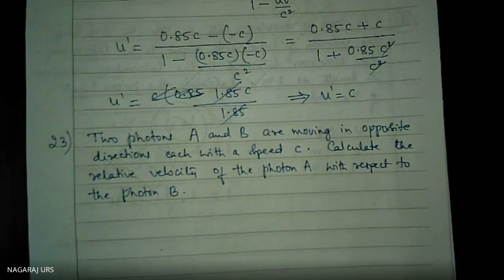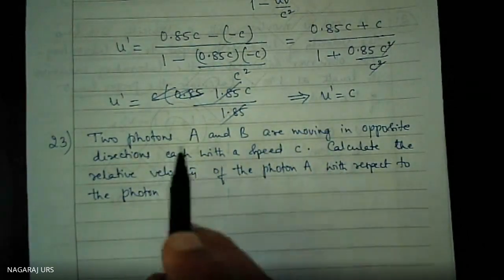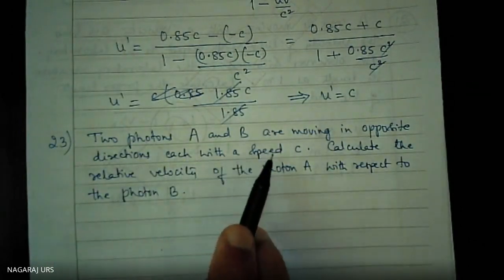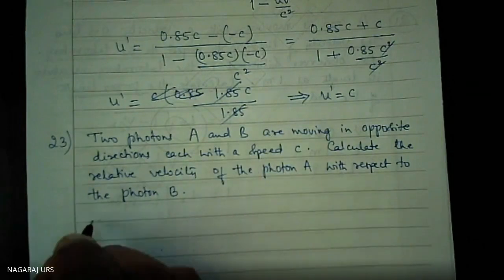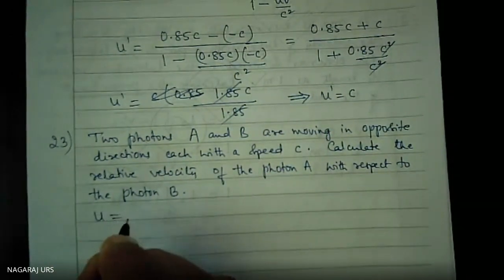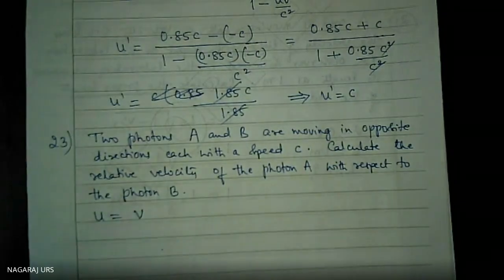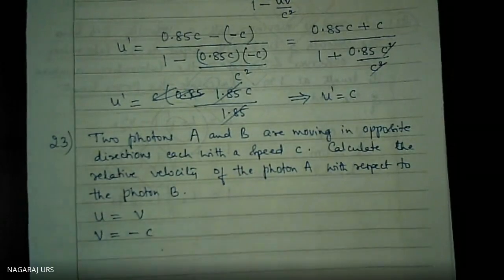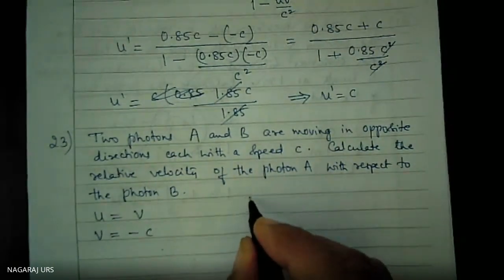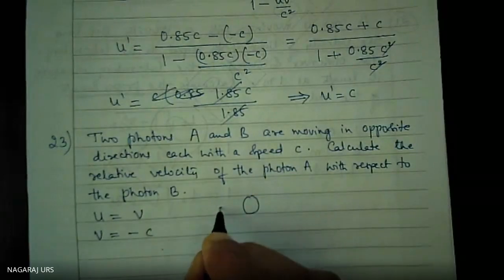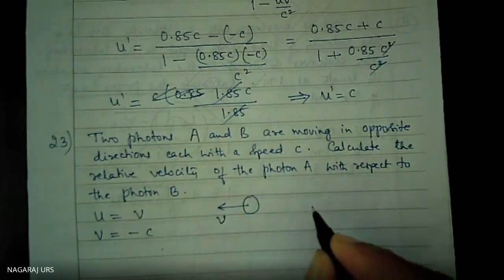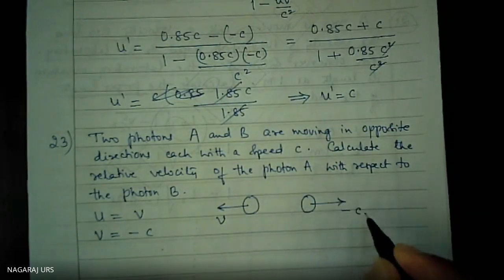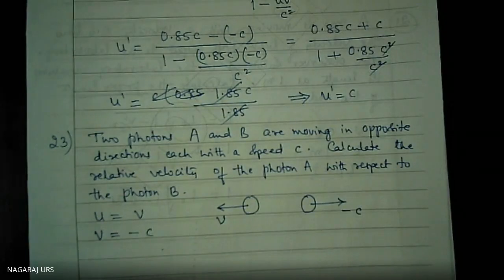Okay, data we are supposed to write. Let me write the data here using these concepts. Moving in opposite directions. So here u is equal to, let me consider that one as v, and v is equal to minus c, because they are moving in opposite directions. So the two bodies, this is moving with a velocity v, another body moving with a velocity minus c in opposite directions.